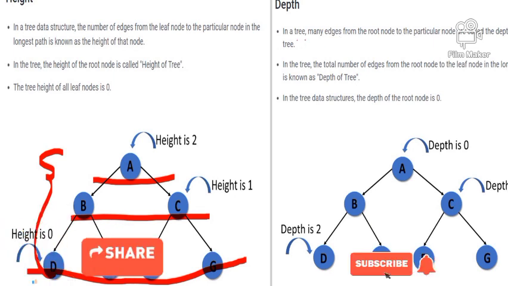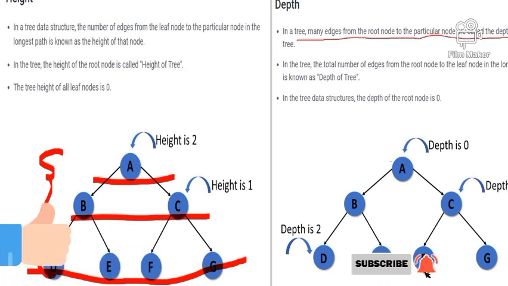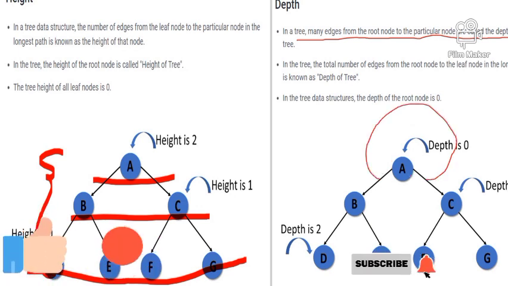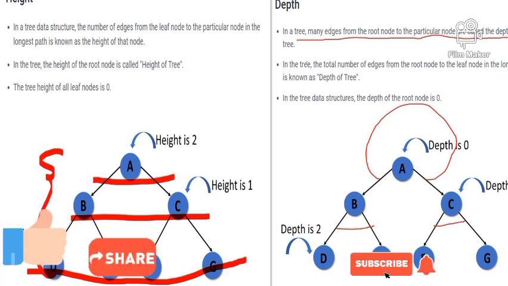In a tree, count the edges from the root node to a particular node. See here, how many edges for my root node? 2 edges. How many edges for my B node? 2 edges. How many edges for my C node? 2 edges.